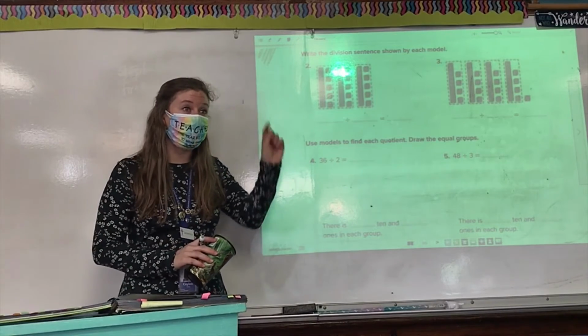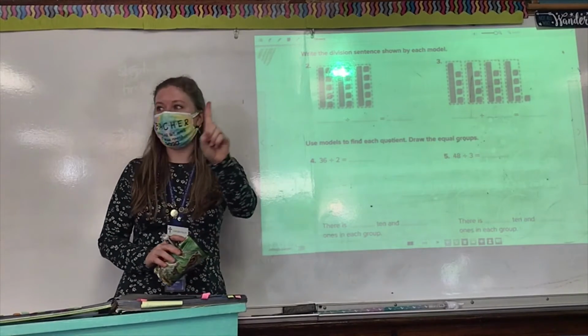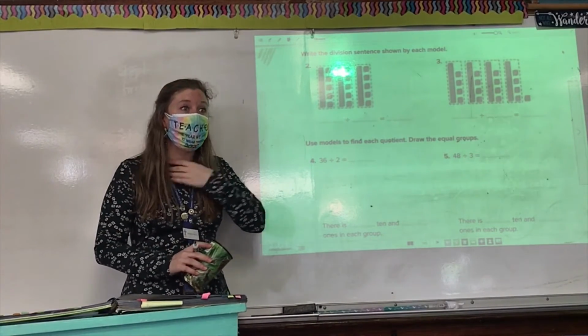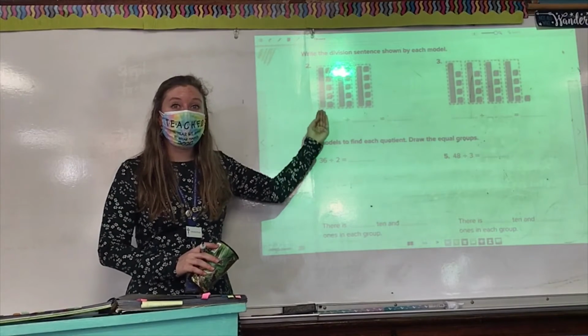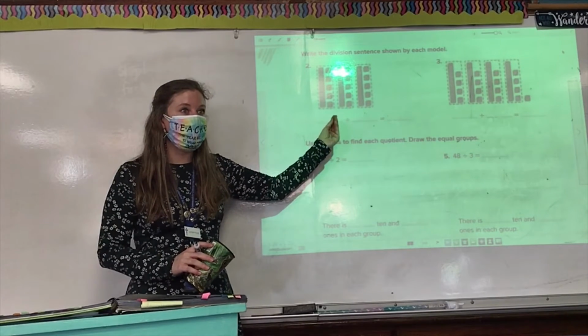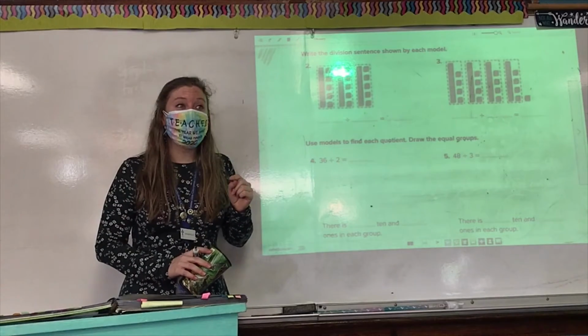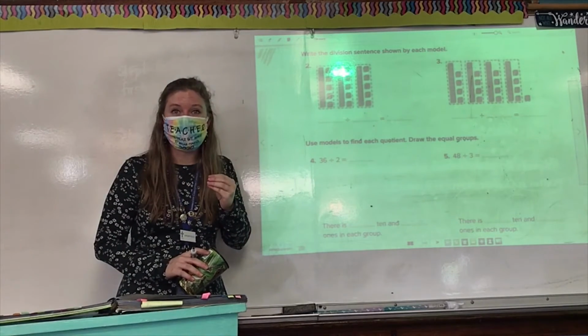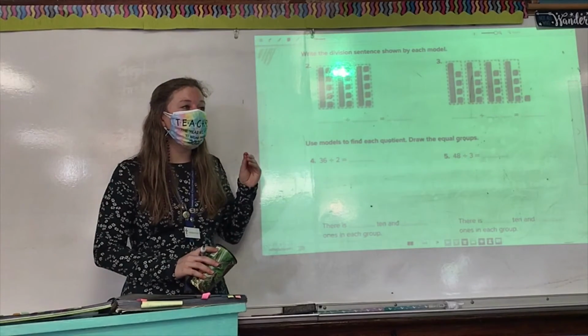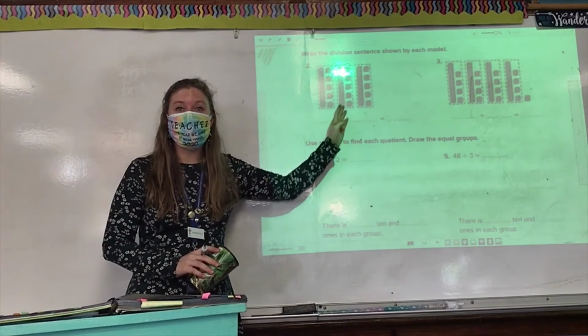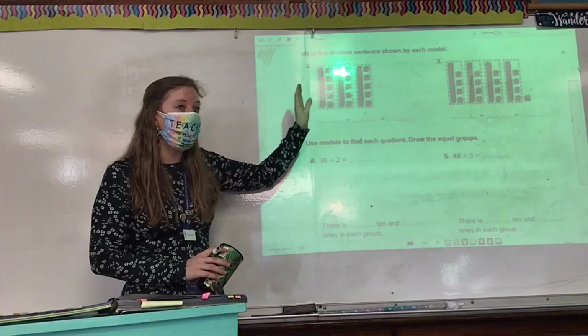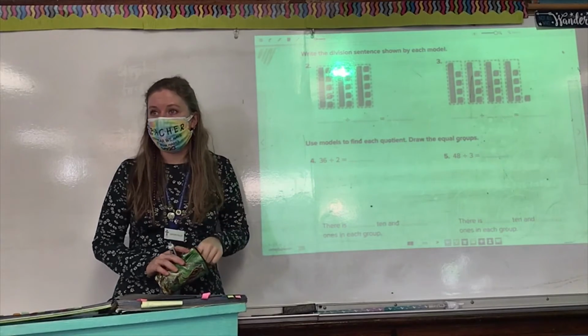Because remember, the word each means the same thing as one. So if I say, how many items are in each group, I'm saying the same thing as how many items are in one group. Each just means there's more than one, each of them is the same. So you're going to look at one group and tell me how many items are in it.